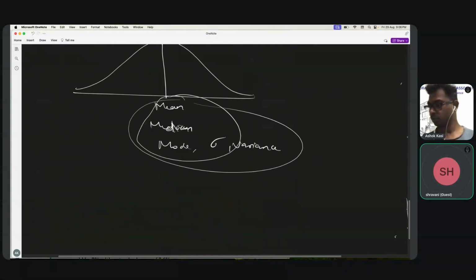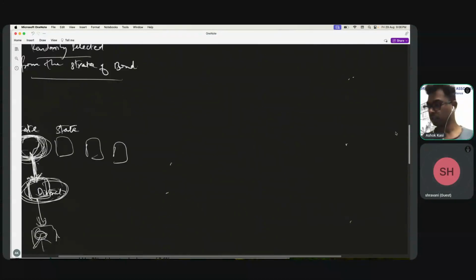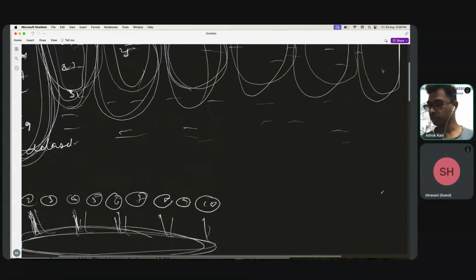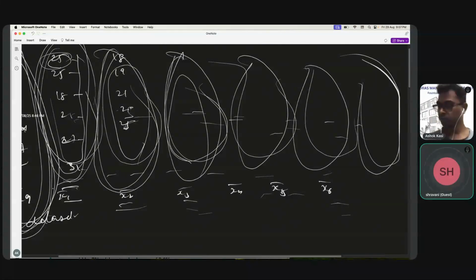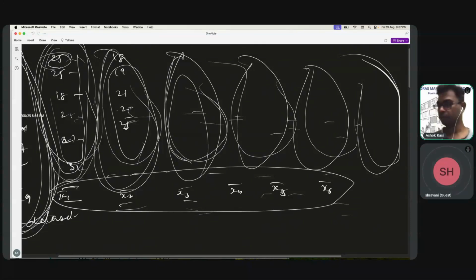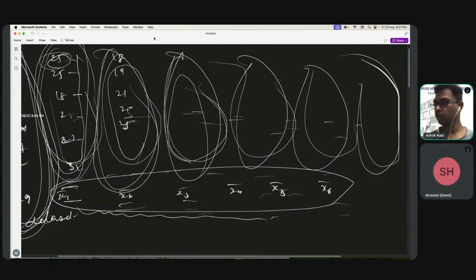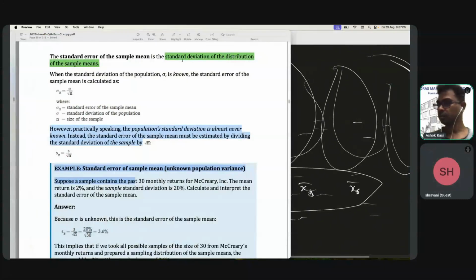When you are taking many samples and taking the mean of each, imagine X1 bar, X2 bar, X3 bar, X4 bar, X5 bar, X6 bar. So you have got many means now. The standard deviation of all these means is called standard error. So it is the standard deviation of the distribution of sample means.